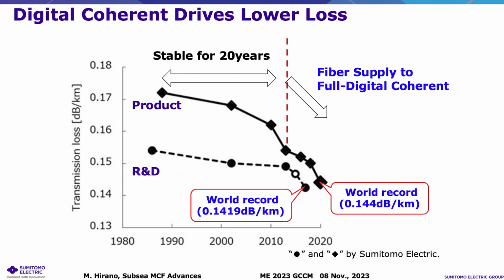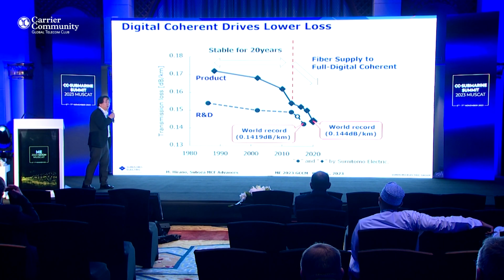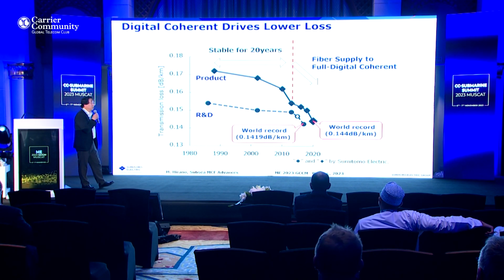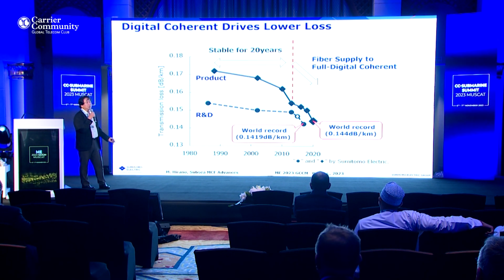So if you see this view graph, the attenuation of the mass product and also the R&D decreased or improved so much.